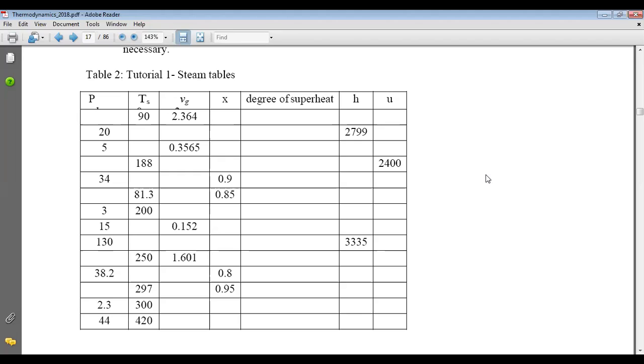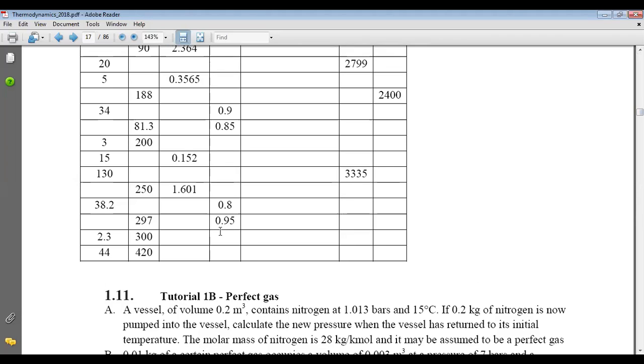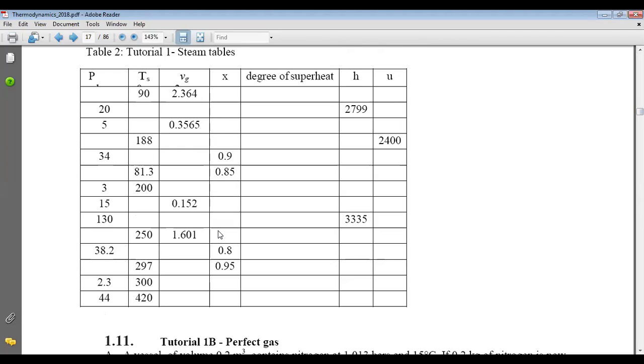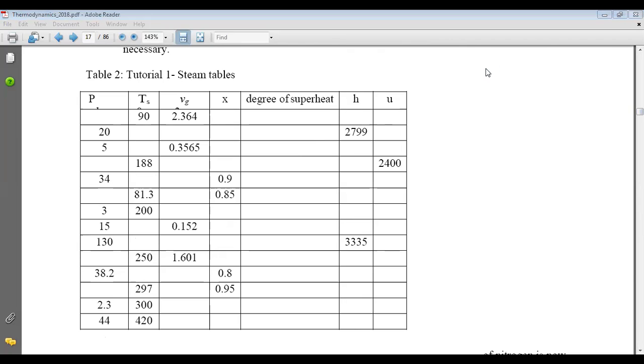You have to do some self-studies. What is this table? Pressure, temperature, Vg, X values, degree of superheat, enthalpy, and internal energy. Okay. Steam table. So what you have to do is that I hope you can see this.